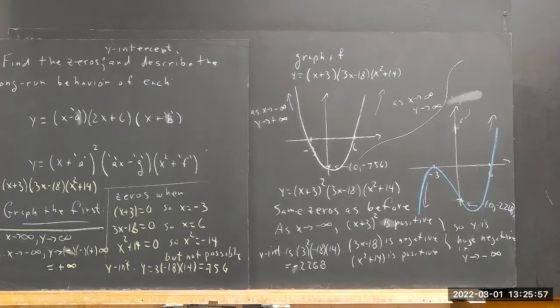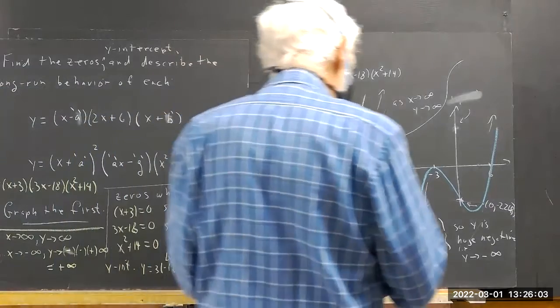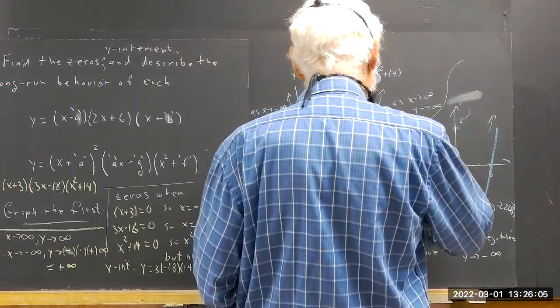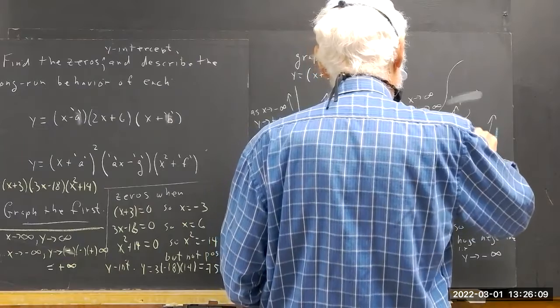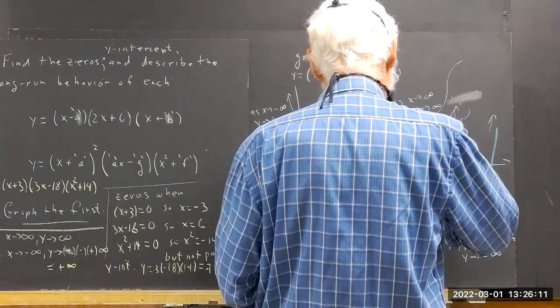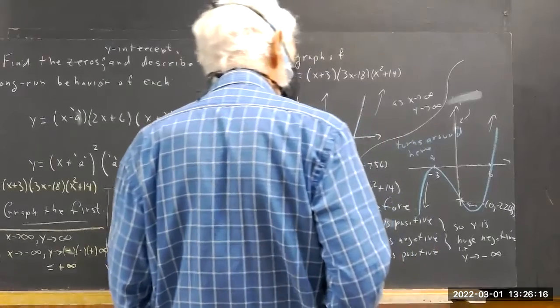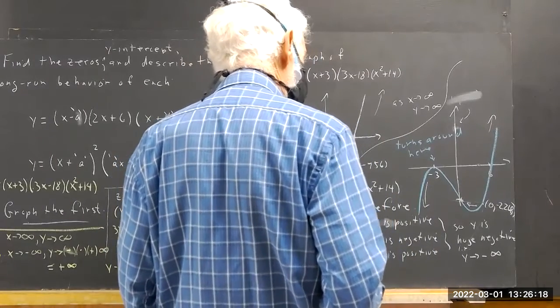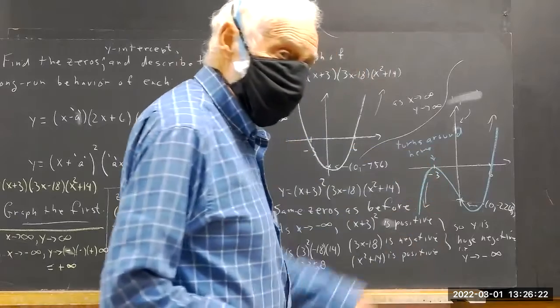Now, it helps to understand why it turns around. So the graph turns around here. It looks kind of like a parabola right here, doesn't it?